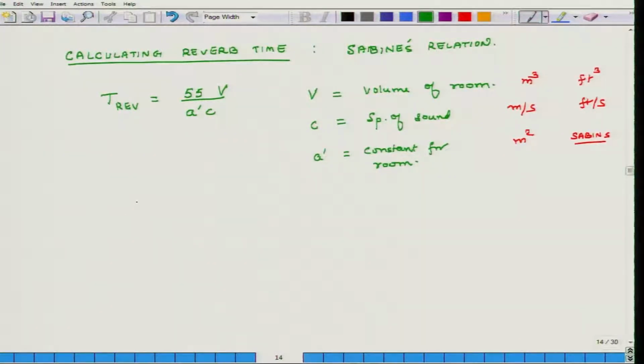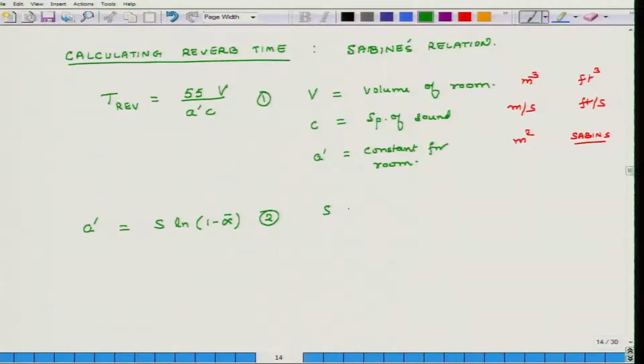So what do I do? Now I explain how to compute A prime. A prime is given by another relation. A prime is equal to S, another parameter which depends on the room, times log 1 minus alpha bar. So this is my first relation, this is my second relation.